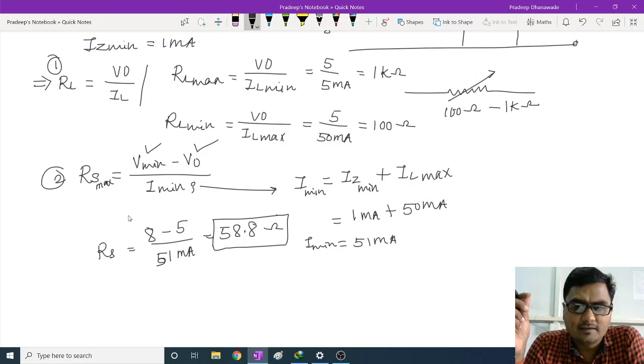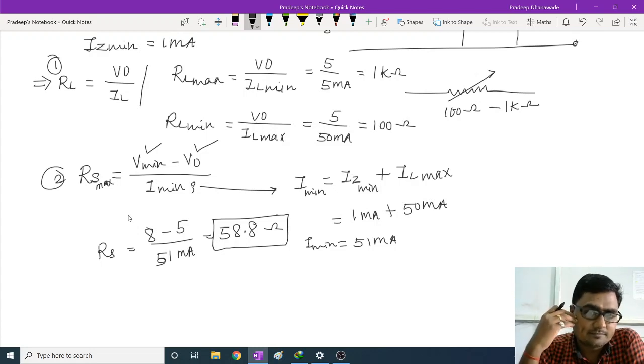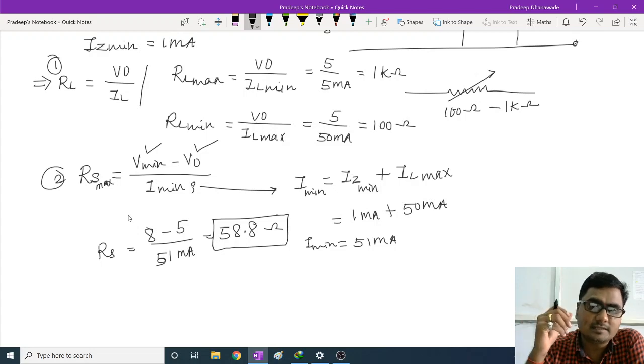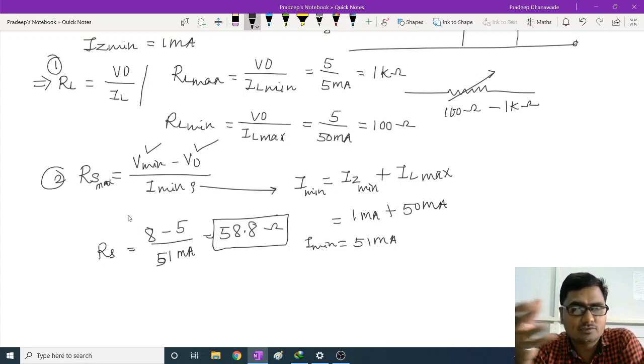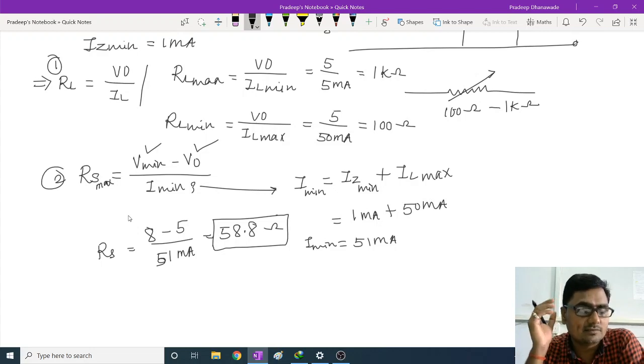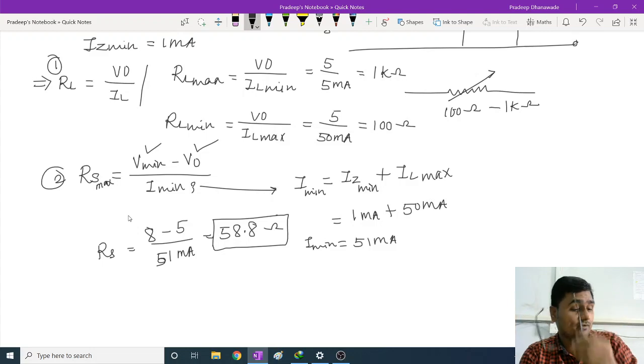58.8 ohm. So we have to select a nearby value of 58 ohm, because a 58.8 ohm resistor value is not available in the market. If you want to check, you go to the electronic shop and ask for a 58.8 ohm resistor, and listen to the reply you get from the shopkeeper. Obviously he will never give you an exact 58.8 ohm value.